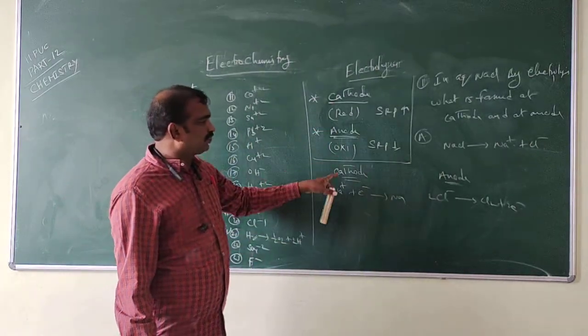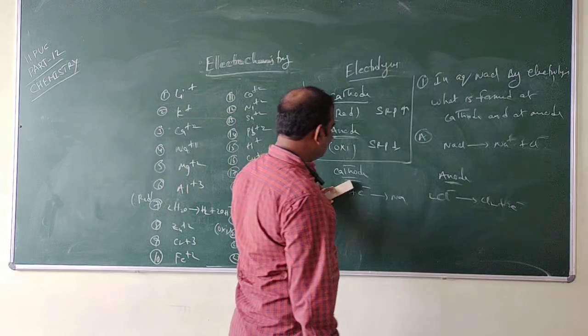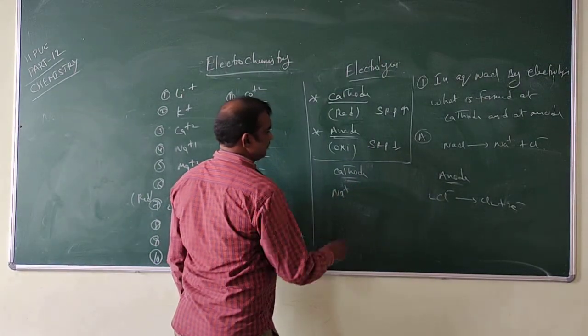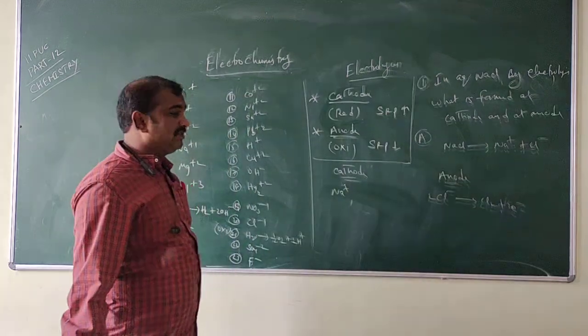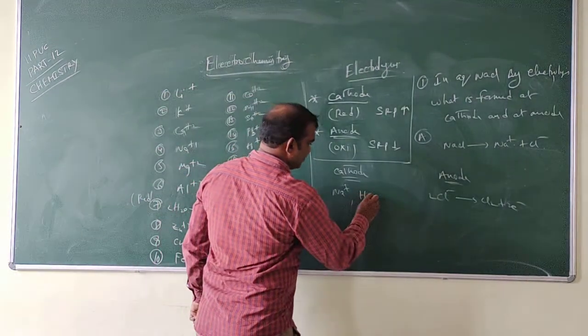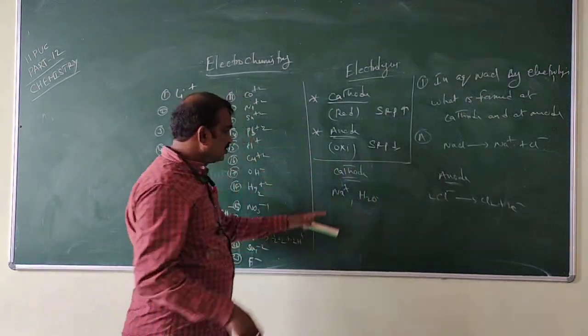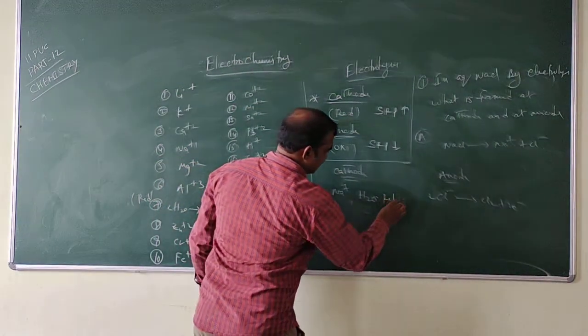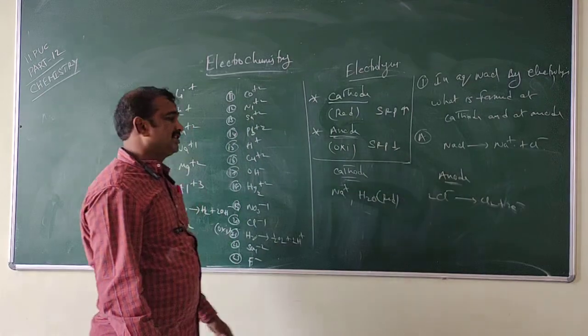So what will come at the cathode? Na+ is there. And aqueous means water is also there. So at the cathode, water reduction takes place.